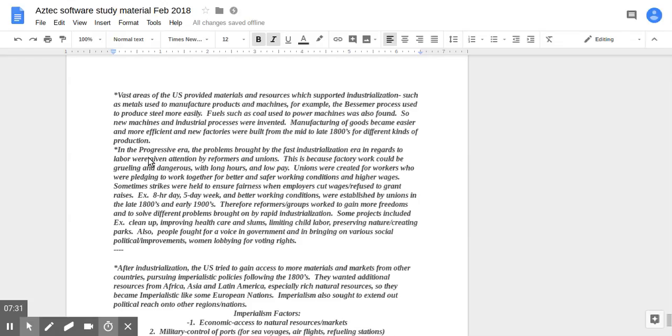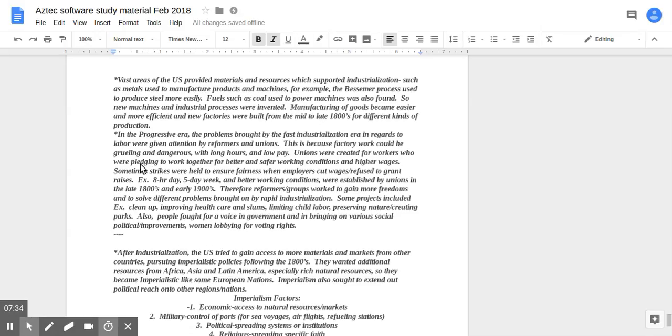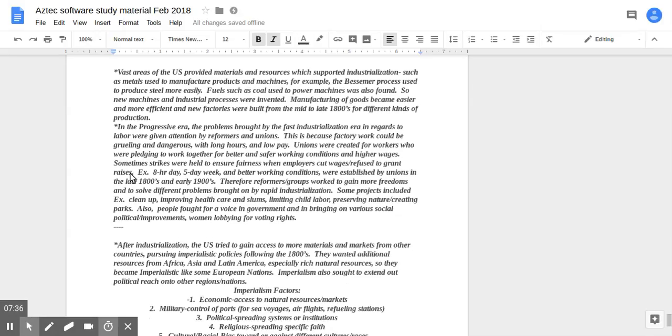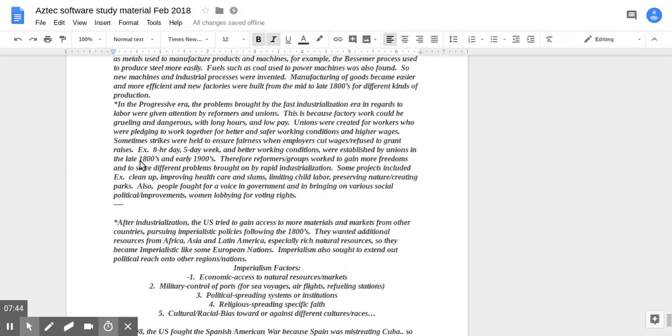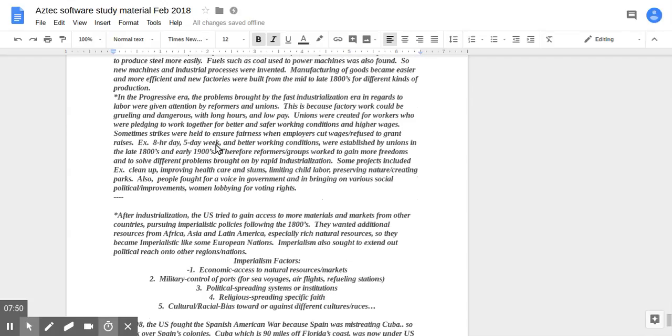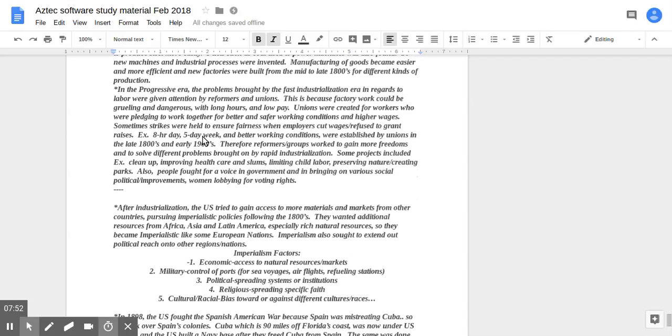In the progressive era, the problems brought by the fast industrialization era in regards to labor were given attention by reformers and unions. This is because factory work could be grueling and dangerous, with long hours and low pay.